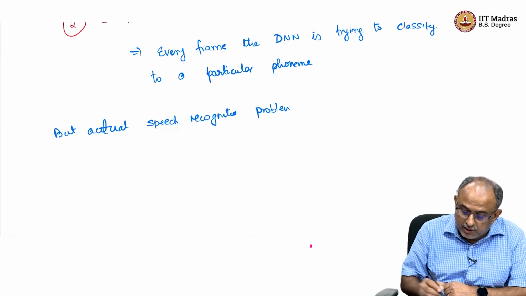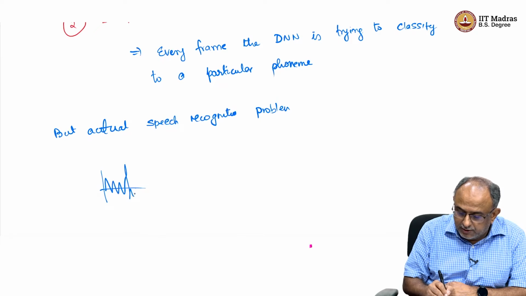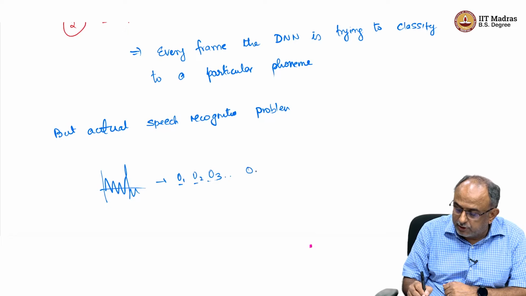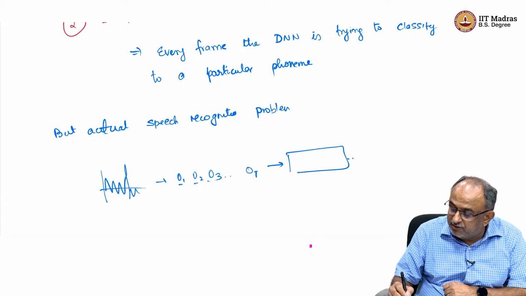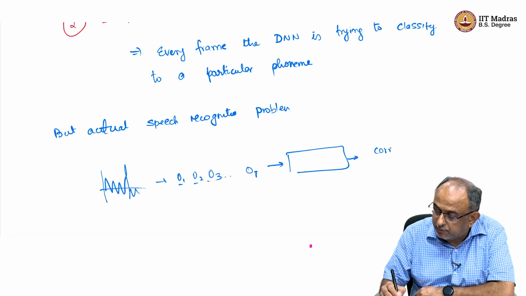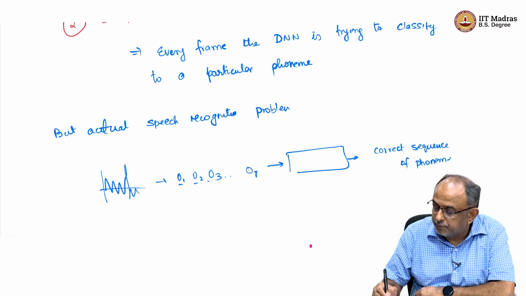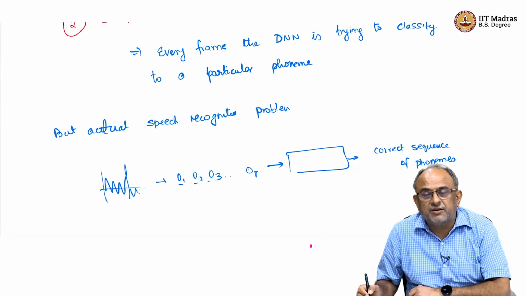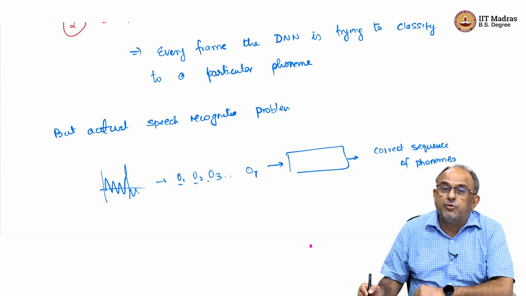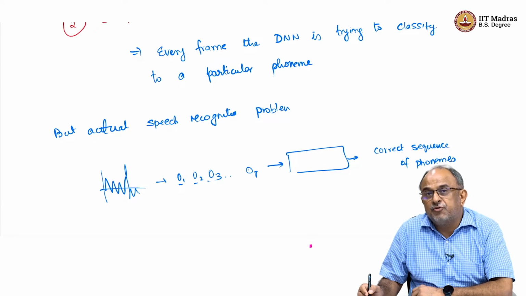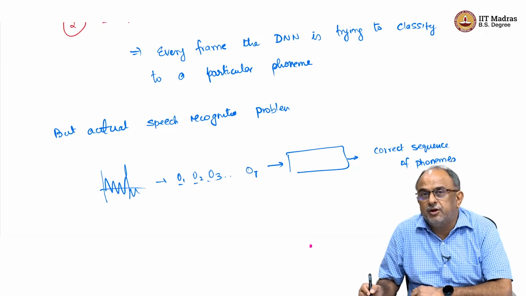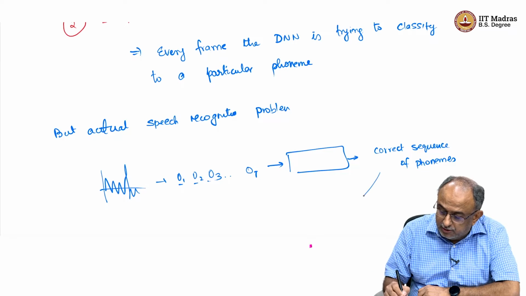So, given the waveform and given the sequence of vectors O2, O3 and so on, O capital T, the goal is to get the correct sequence of phonemes, not the more difficult problem of getting every frame correctly assigned to the corresponding phoneme.